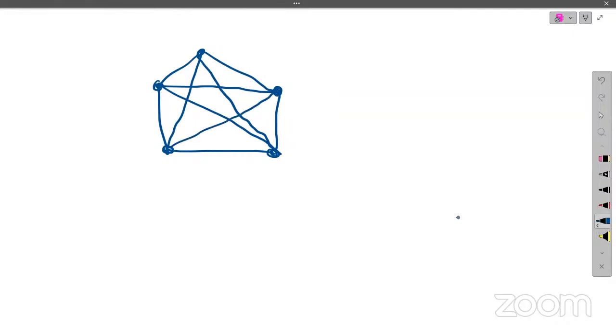Now in this graph, what is happening? Every vertex is connected to every other vertex. If I start coloring this graph and assign yellow here, then I cannot assign yellow to 5, to 2, and also not to 3 or 4, because they are all directly connected by an edge.